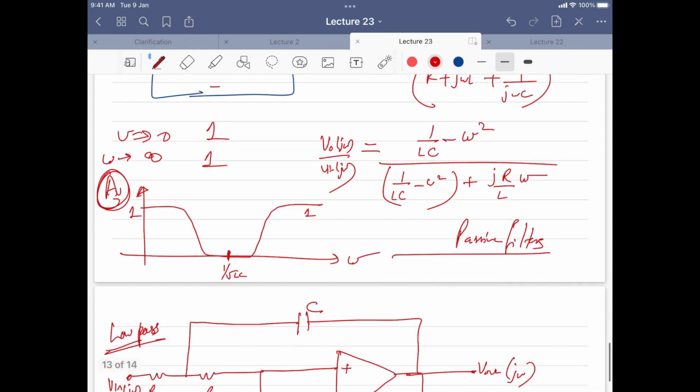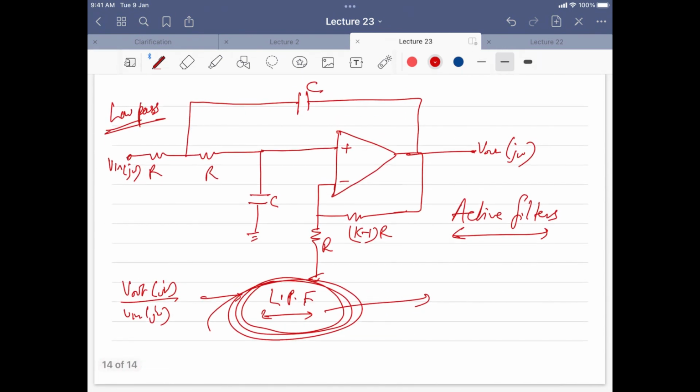Okay, so today's class is over. In the next class, and this topic is also over, I will briefly cover other filters which involve operational amplifiers, but it will not require any extra knowledge other than solving through nodal analysis, which you are already comfortable with.